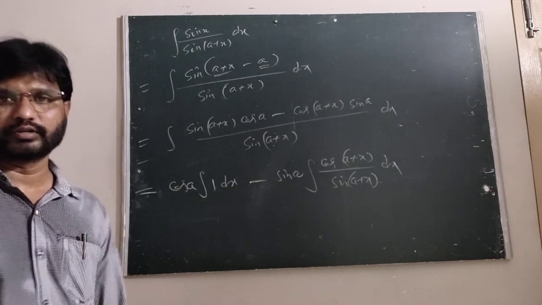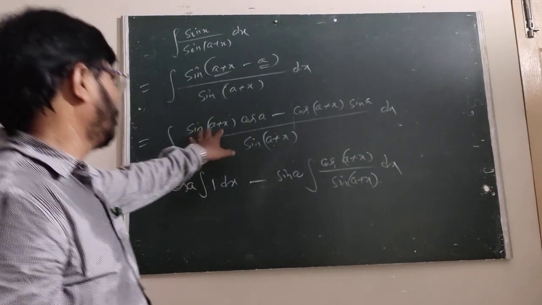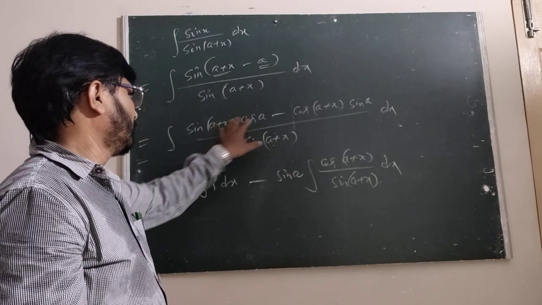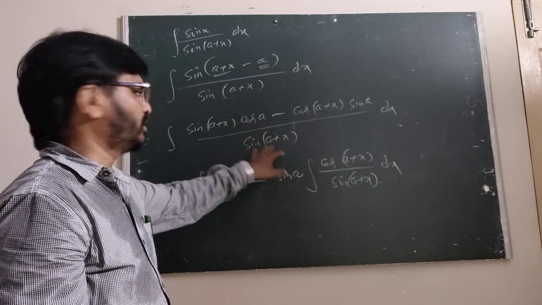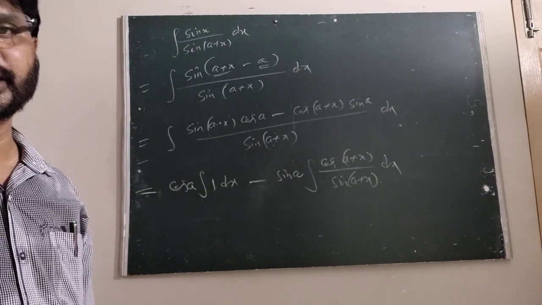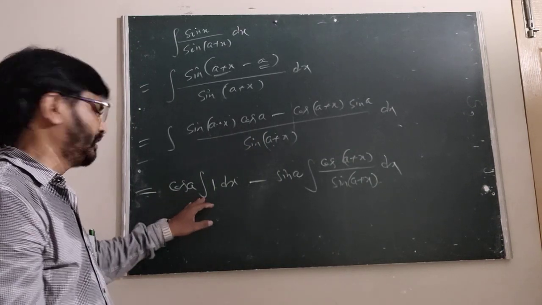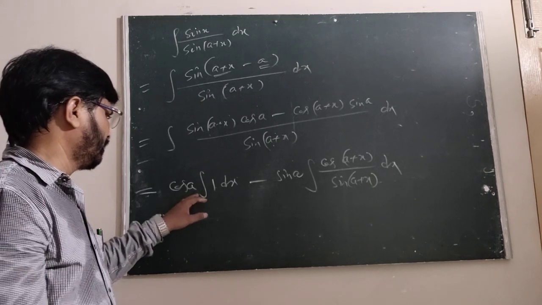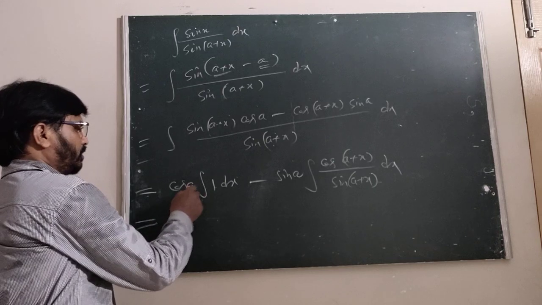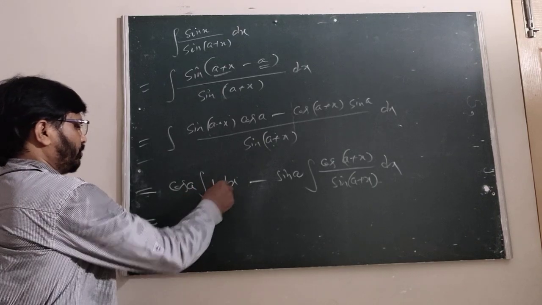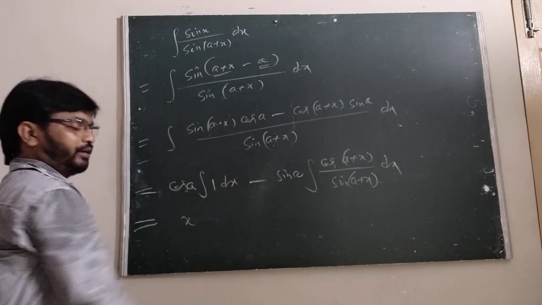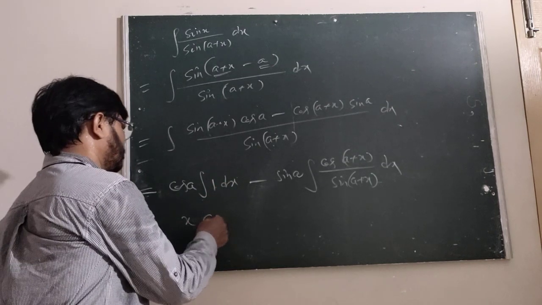Do you understand this? Here sin of (a plus x) into cos a by sin of (a plus x), these two are cancelled. The remaining cos a is a constant, so we write it before the integral. I hope everyone understands. Therefore cos a into integral 1 into dx, and integral 1 into dx is x. That is x cos a.